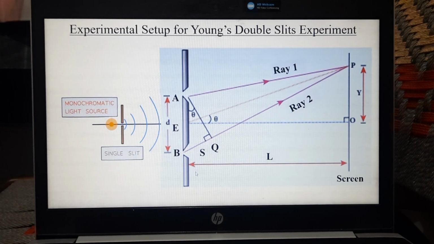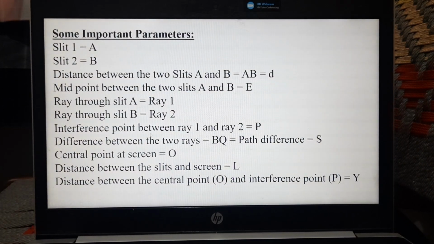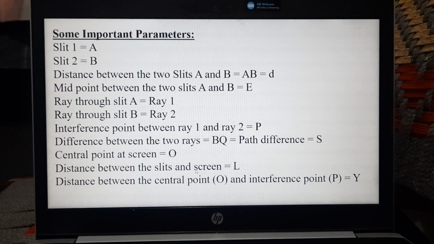One more point you have to notice: the distance between the slits and the screen is represented by L. So this is the whole experimental setup of Young's double slit experiment. I hope you have got all the parameters and the whole construction of the experiment. These are all the parameters which I told you from that diagram. You can repeat it from here again.